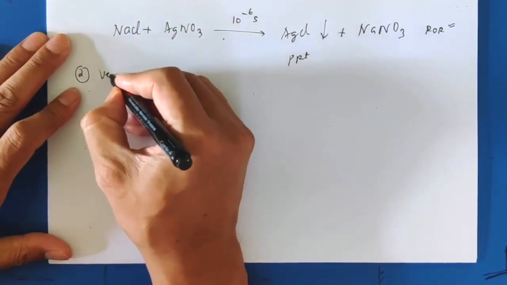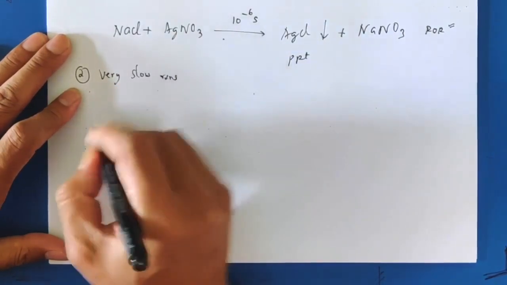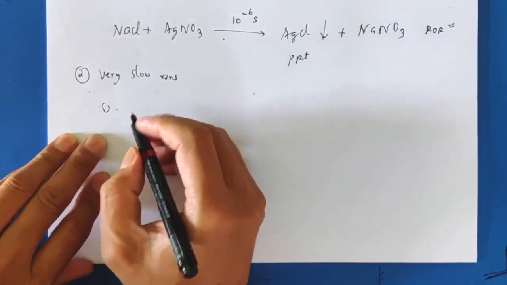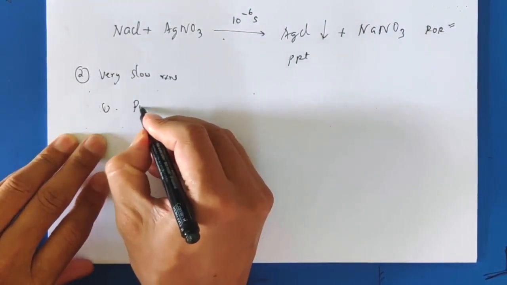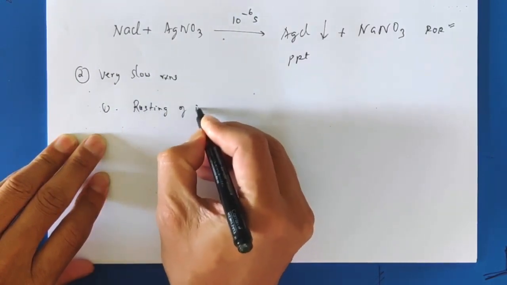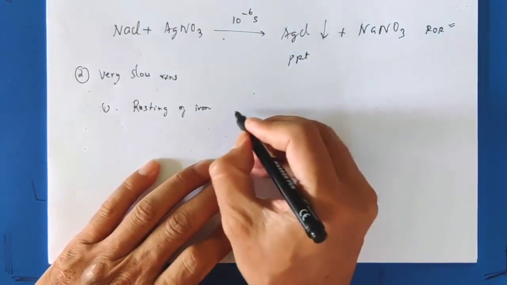Now very slow reactions. Example, rusting of iron. It takes years.